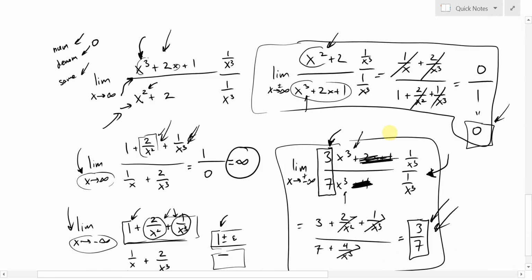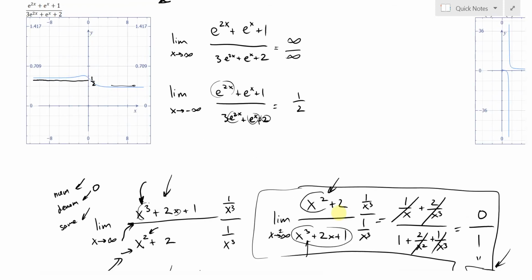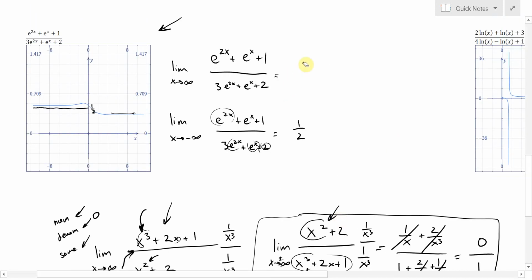So here's what we can do. The trick here was to divide by kind of the highest power of x that we saw. And we're going to do the same exact thing here. We're going to divide both the top and the bottom by e to the 2x.